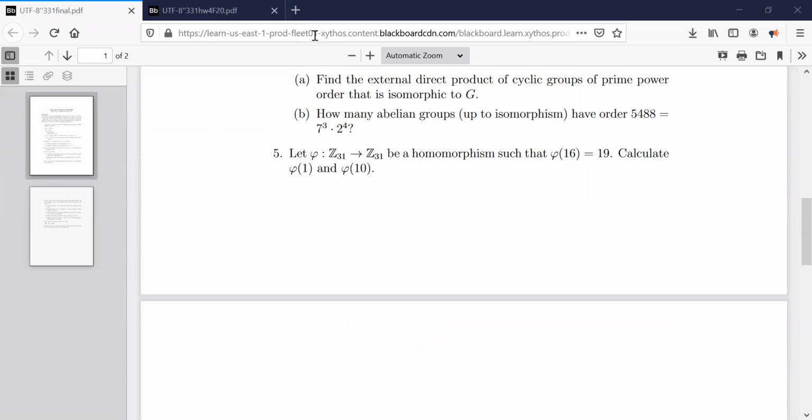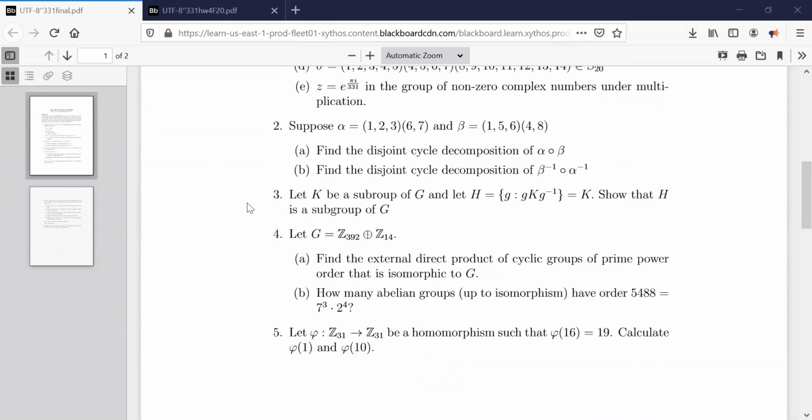Yes. Could you go over 4? Okay, 4. Find the external direct product of cyclic groups of prime power order that this is isomorphic to G. I don't remember if this is definitely the external direct product, but I believe that it is.